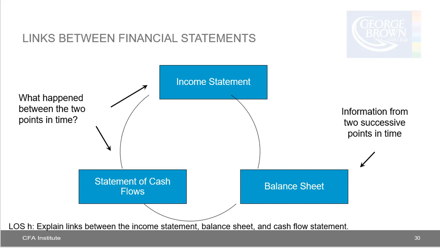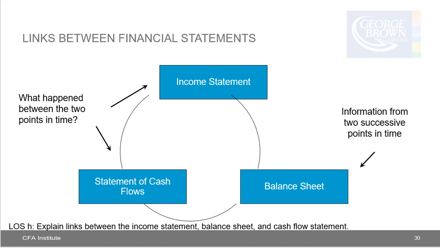Okay? So although each major financial statement, the income statement, balance sheet, and cash flow statement, offers different types of financial information, they're not entirely separate. For example, the income statement is linked to the balance sheet through net income and retained earnings.